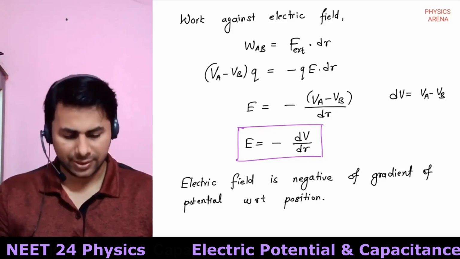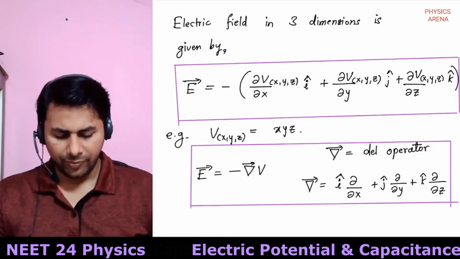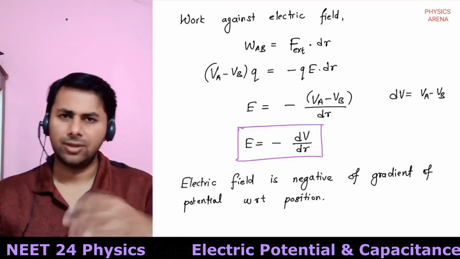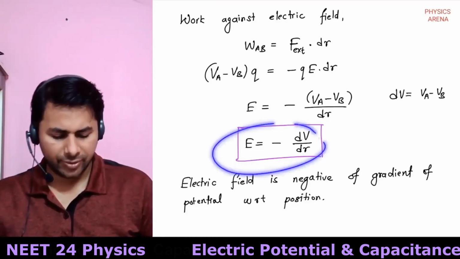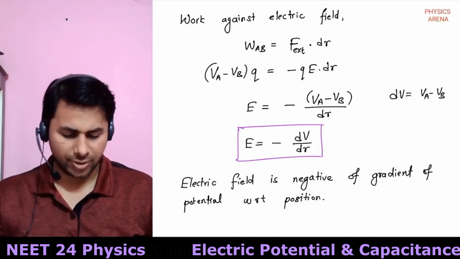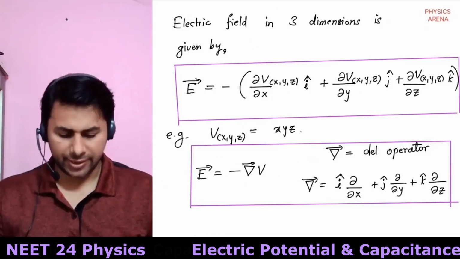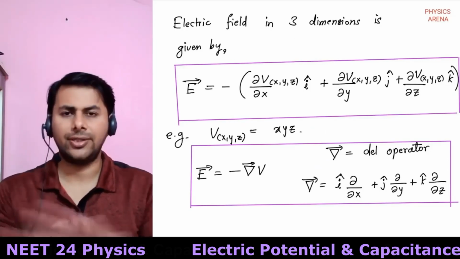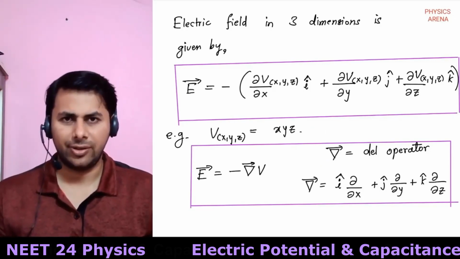Yeah, 3 components, right? So for a one-dimensional case, suppose you have only the x-axis, only the y-axis, or the z-axis, you will have this formula. But for a three-dimensional case, you have to consider all 3 components of the electric field.